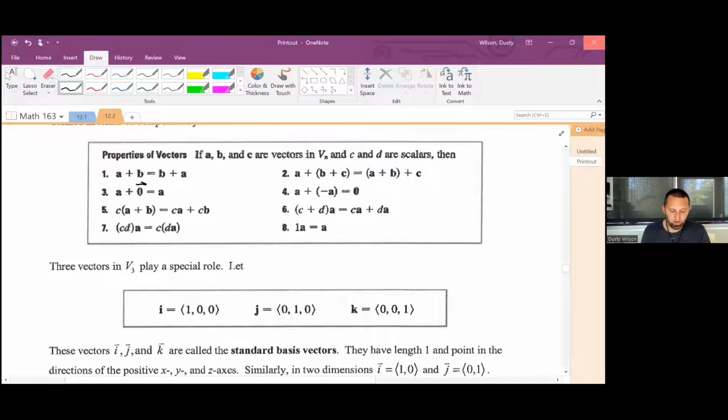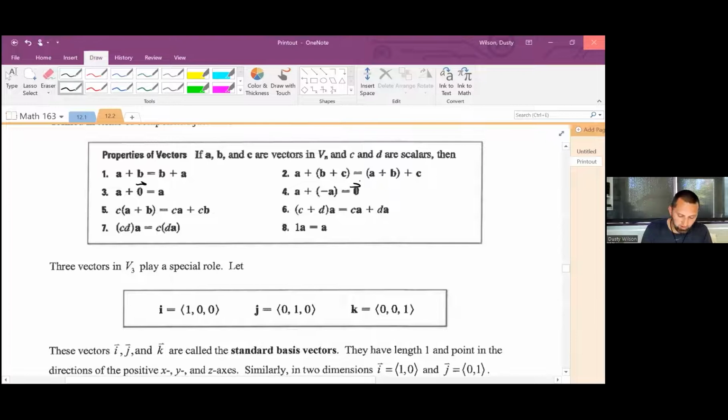Now working down the second column, 2, a plus the quantity b plus c is equal to the quantity a plus b, plus c. So that's the associative property of addition. In 4, a plus negative a is equal to 0.